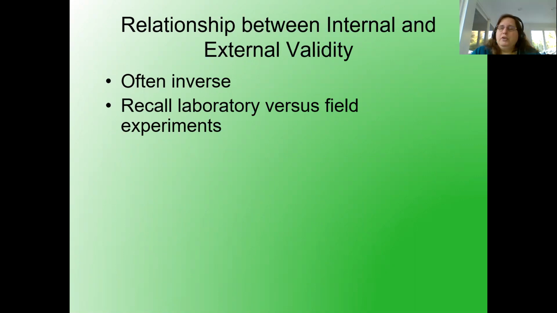And think about the laboratory versus the field experiment. It's sort of a similar thing, that sometimes the benefits of one are the disadvantages of another one. So I'm not saying you can't have both, but there's often, many times at least, an inverse relationship between the two. So it's something to think about, which one you really want to emphasize.